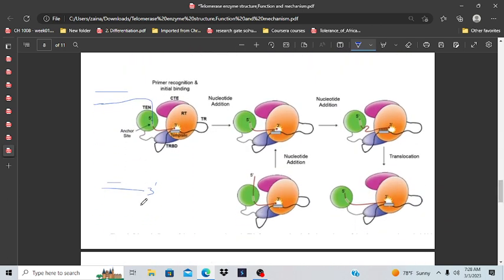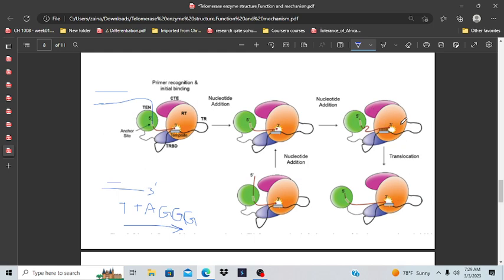How does it synthesize? The telomeric repeat, if you know, is six nucleotides: TTAGGG. When these six nucleotides are incorporated, we say one telomeric repeat is done. Once those six are done, this telomerase enzyme needs to add more, but it cannot add more since the 5' boundary comes and meets.